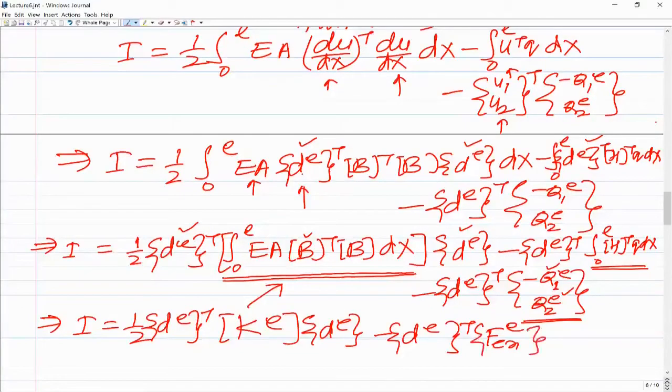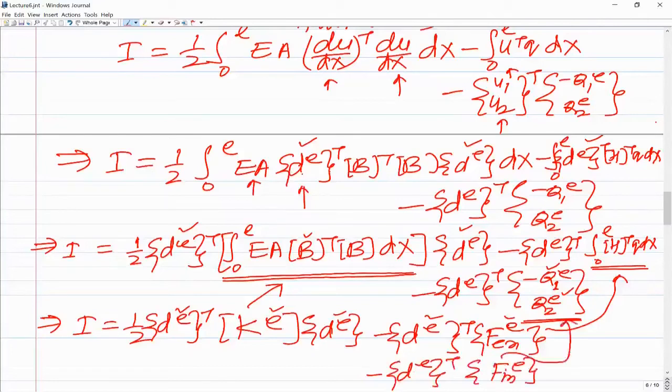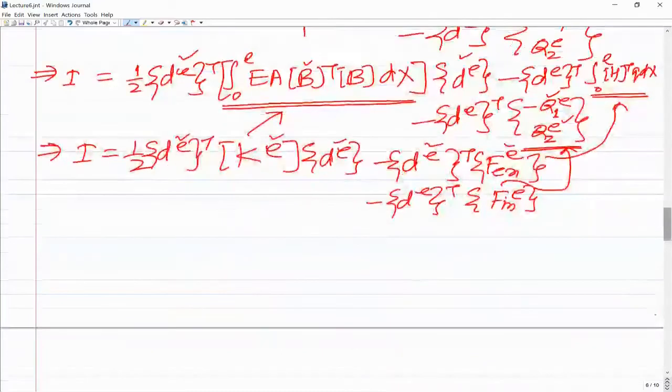So this quantity is F external for the element, and minus d^e transpose into this quantity, which I am calling F internal for the element. So we are defining these quantities over here. Now let me define them.